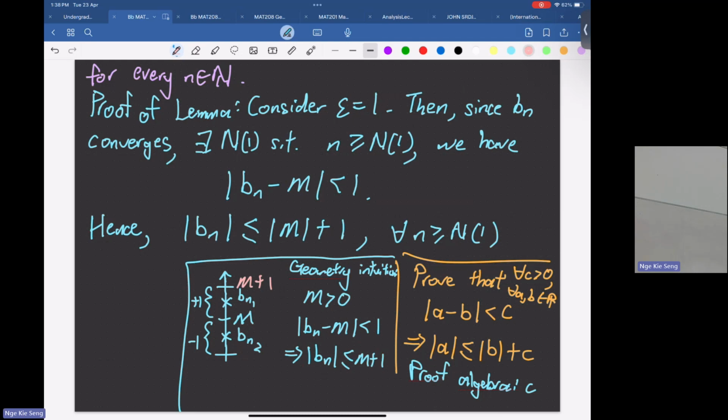M less than 0 is kind of similar. So try to produce the algebraic proof, using the definition of absolute values and also the properties of absolute value. So you see, the intuition is like this. Does this intuition make sense?